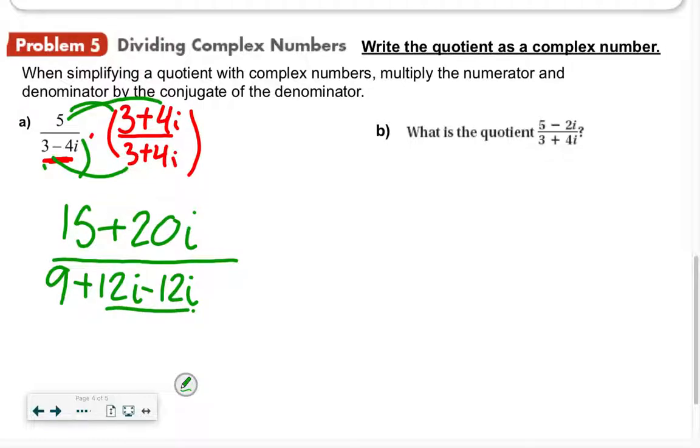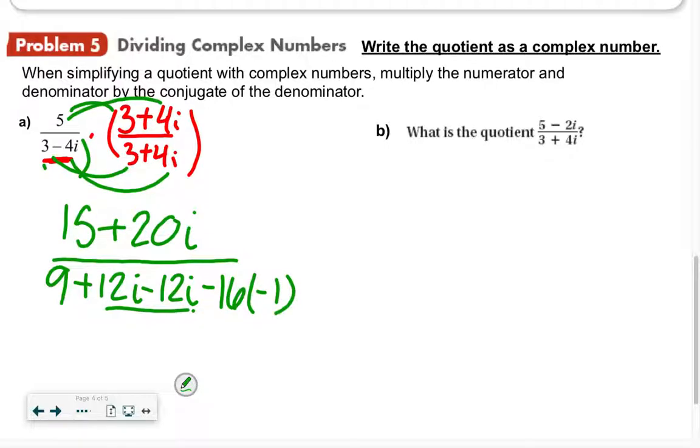They're going to cancel. When you multiply by conjugates, that middle part is going to cancel. But back to this. Minus 4i times plus 4i is negative 16i squared, right? So my number part is negative 16. Then what's that i squared do? Negative 1.